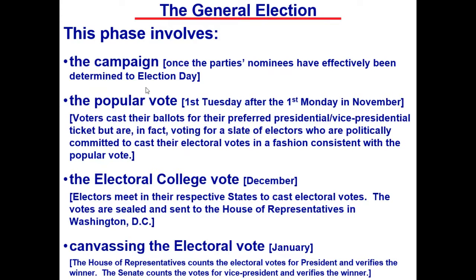In fact, the last time that there was really any suspense about who a party's nominee was going to be, we have to go back to 1968.